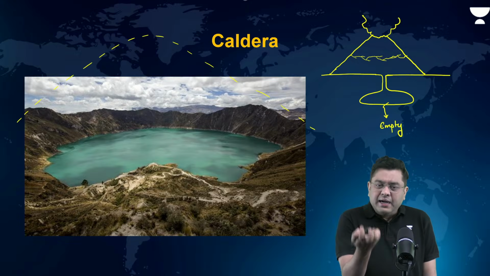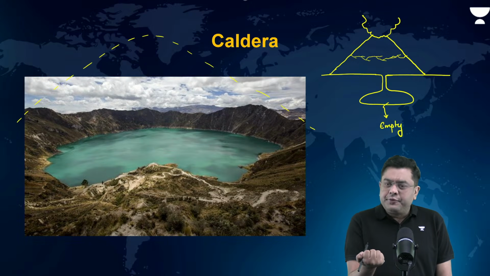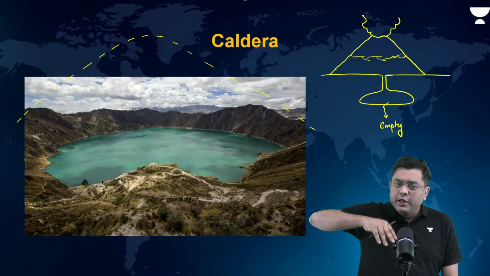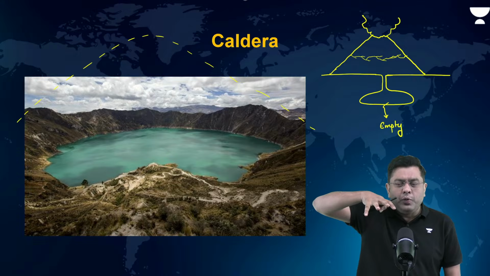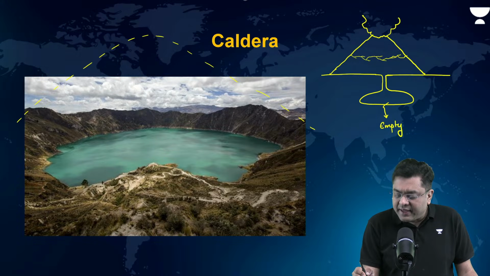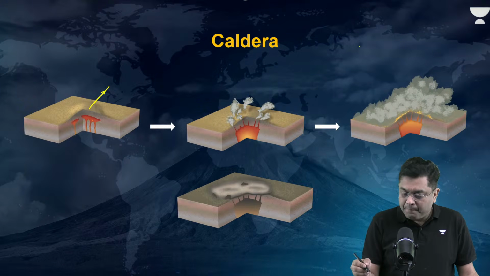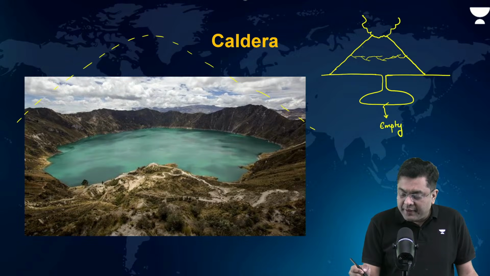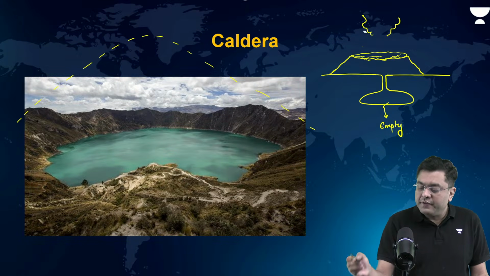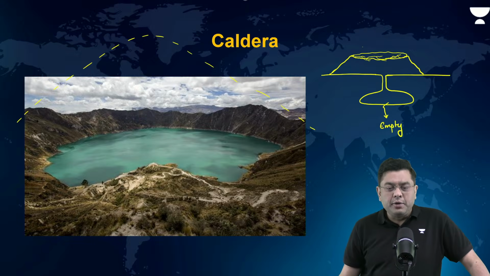Now, after that, the underlying portion will become absolutely empty. So the weight on top is too high. So that is where the central portion will simply end up collapsing. So the landform that you get as a consequence of this will be somewhat like this. I hope this is understood. That is the entire process of formation of a caldera.